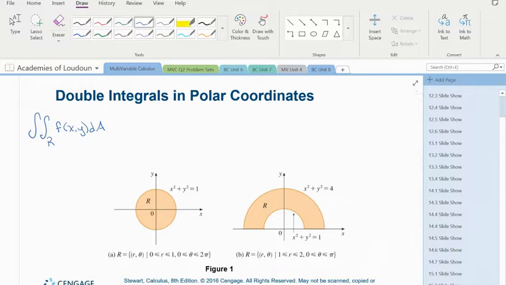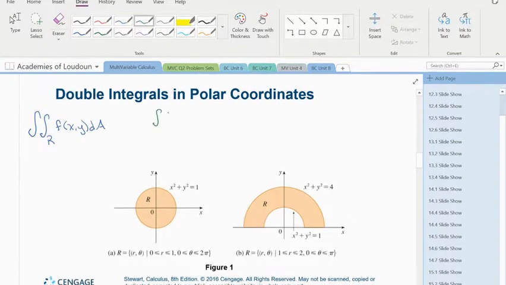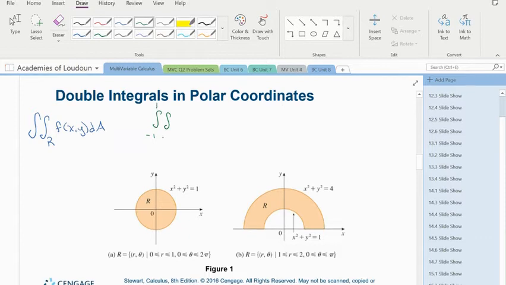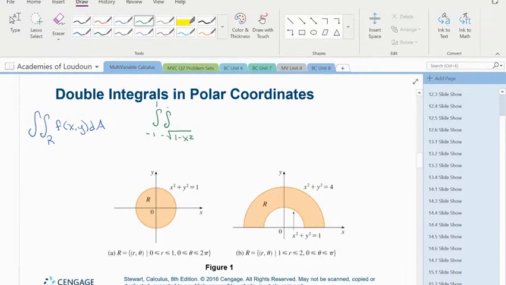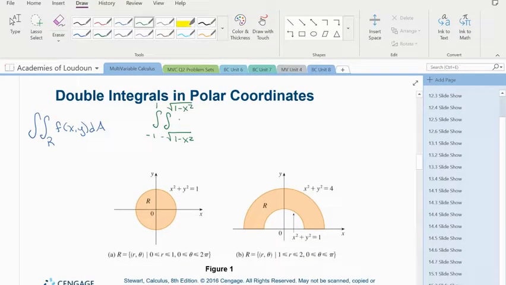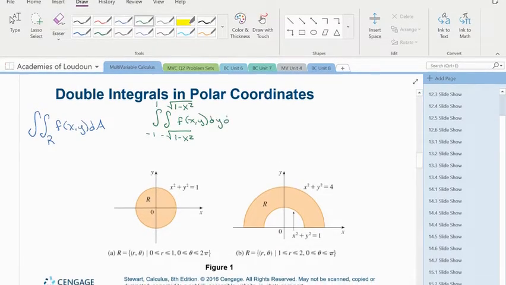For Figure 1a, if we were going to look at this as a type 1 region, we would have the double integral. Our x limits would be from -1 to 1. Our y limits, the negative square root of 1 minus x squared to the positive square root of 1 minus x squared, f of xy dy dx.